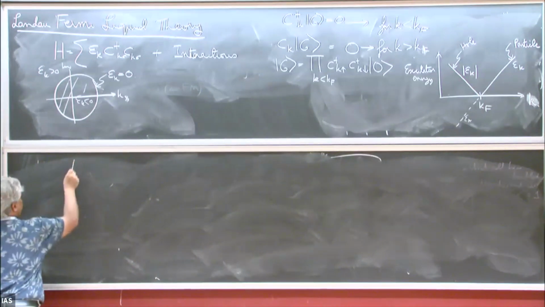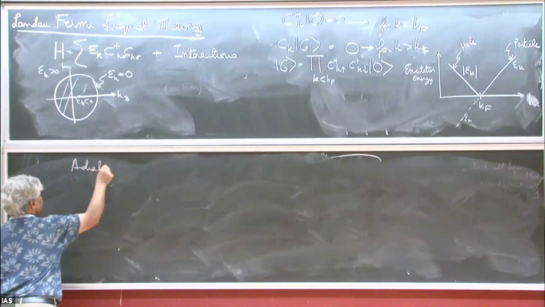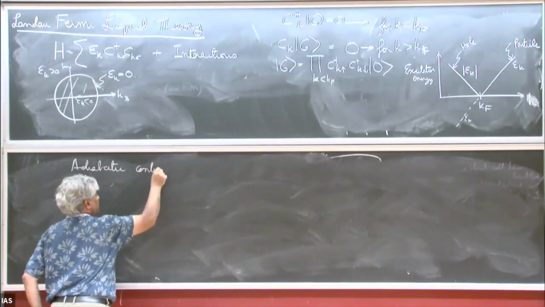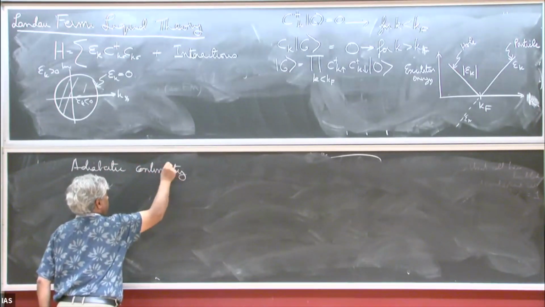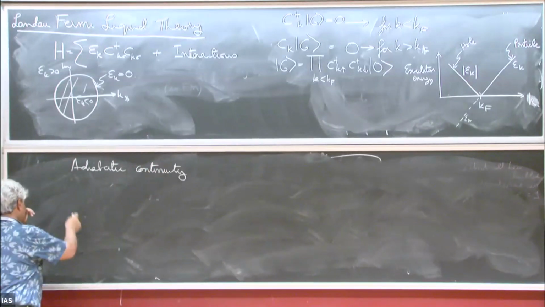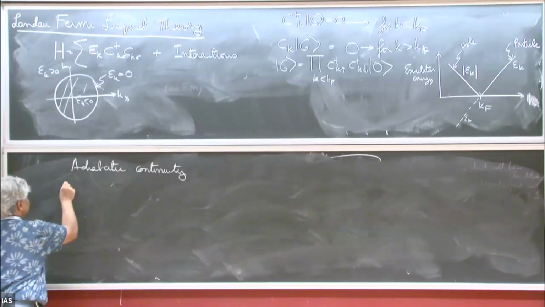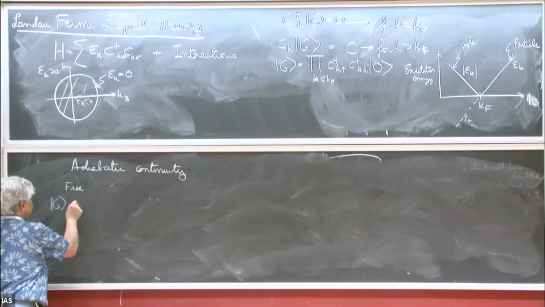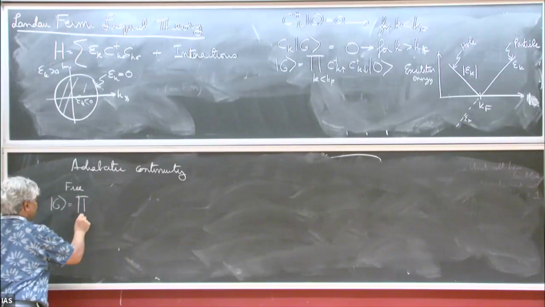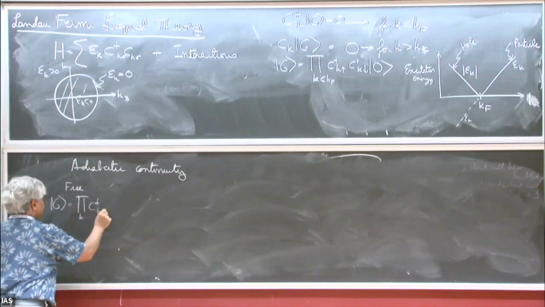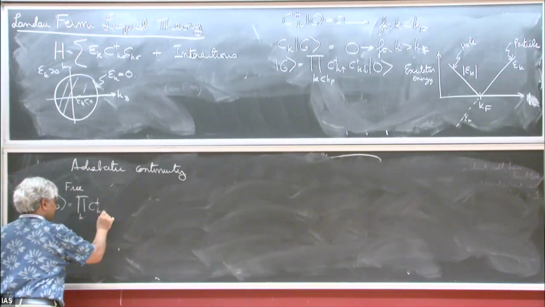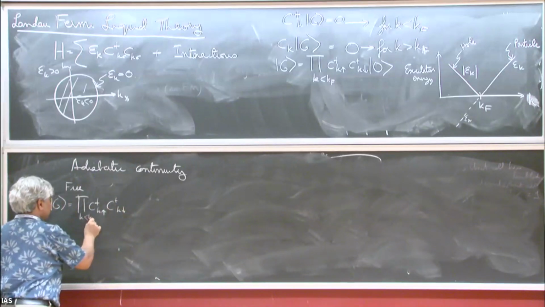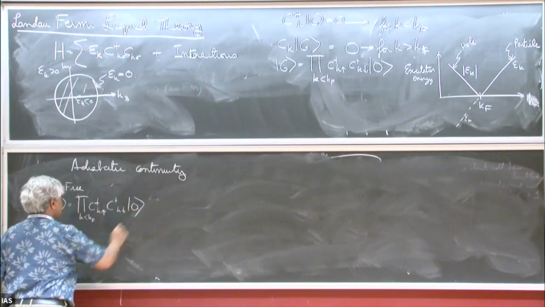So you have a free gas, and here the ground state is the product over K less than K_F of d dagger K sigma, up and down, acting on the vacuum.